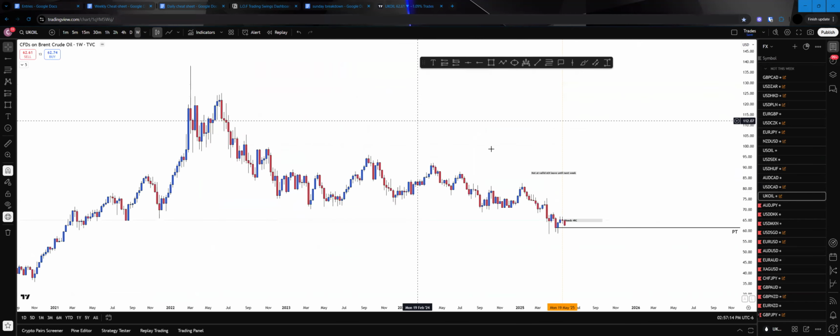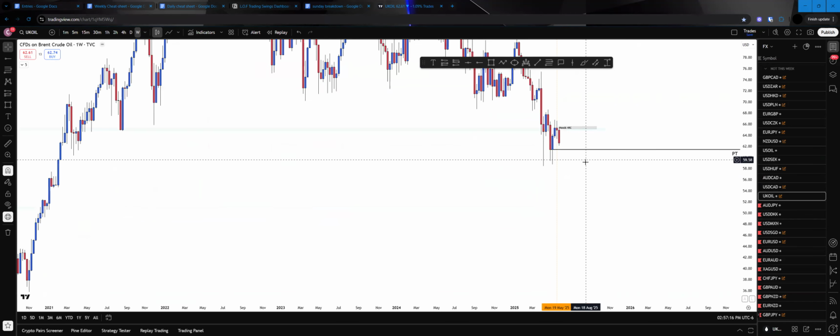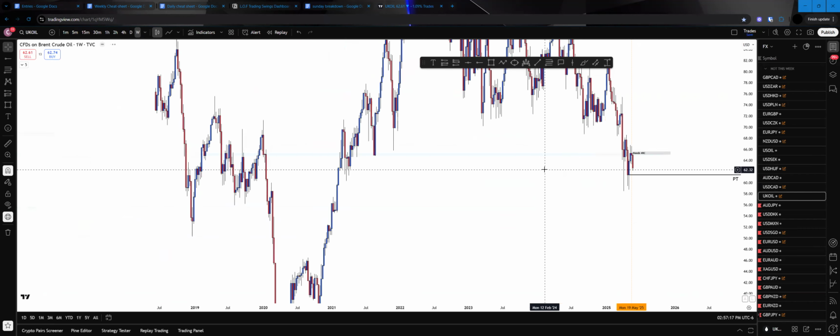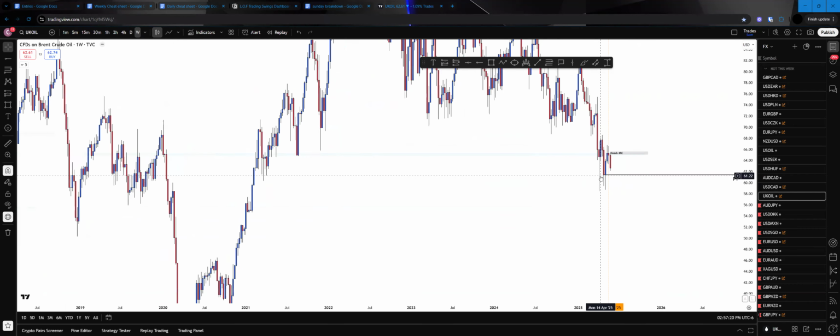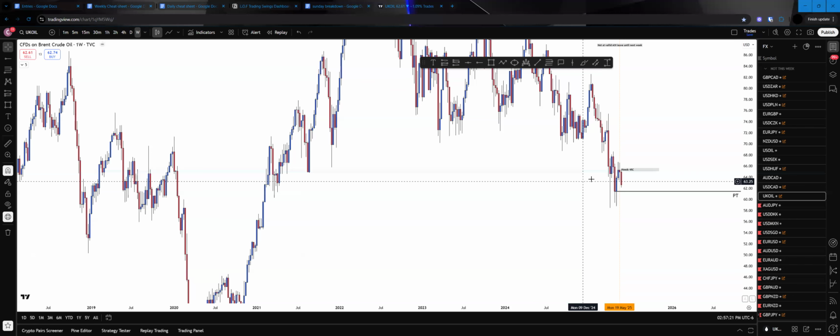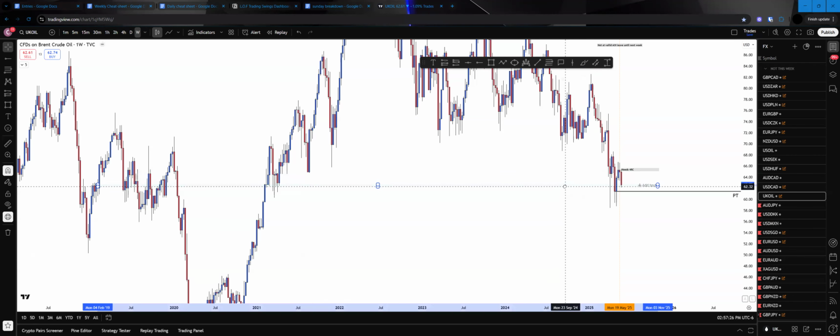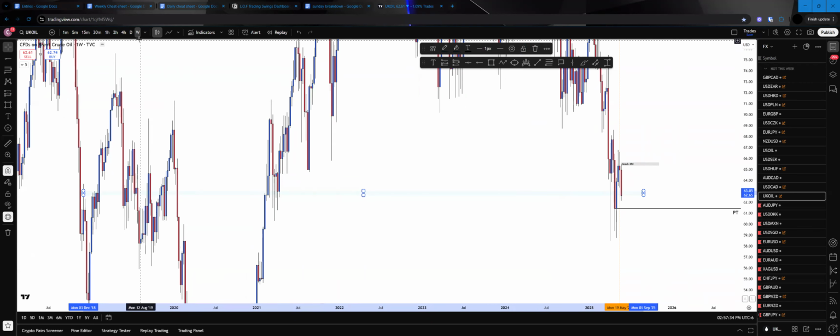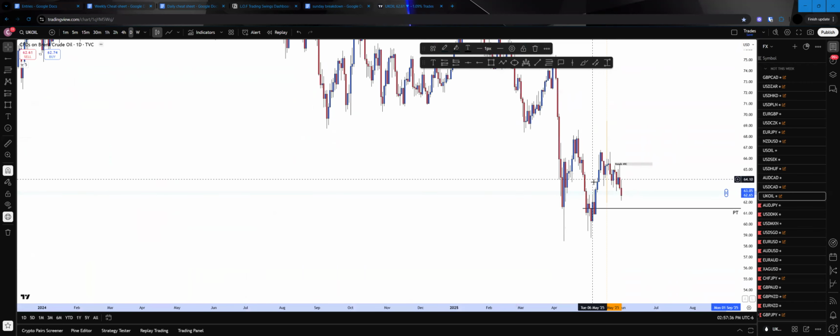UK oil. Yeah, we're at a valid weekly area of interest. So we need to shift.